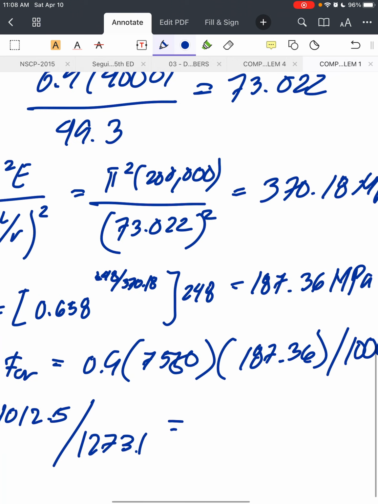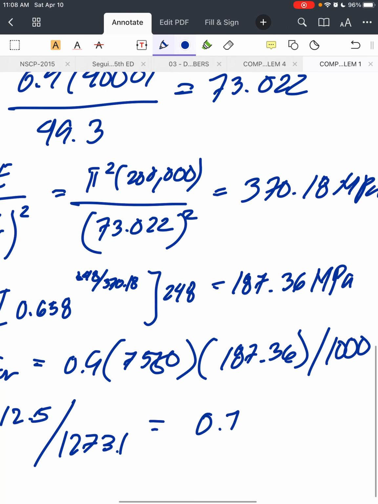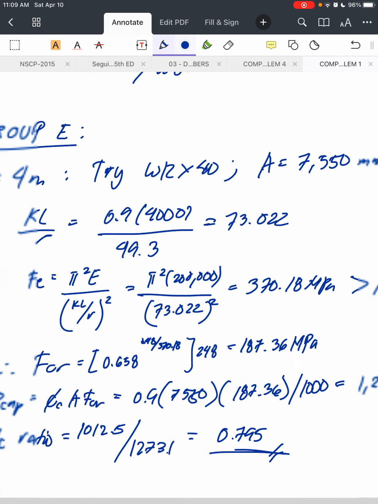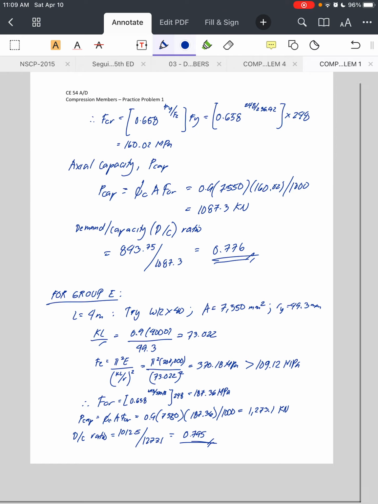So your DC is equal to 0.795, or 79.5% ng capacity ng W12x40 yung nagamit sa group E. Alright? So meron na tayong design for group D and group E. Meron pa tayong dalawa. Okay?